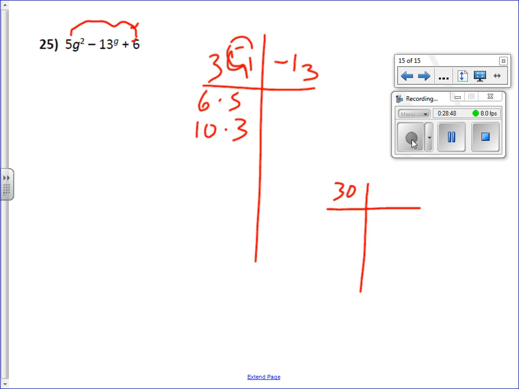There we go. And so if I did negative 10 and negative 3, and I added them together, I would get a negative 13. Let's go with that.